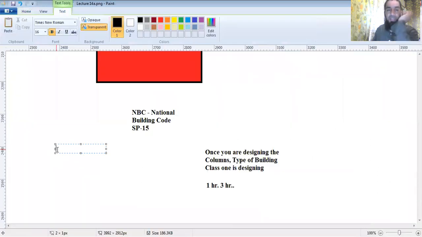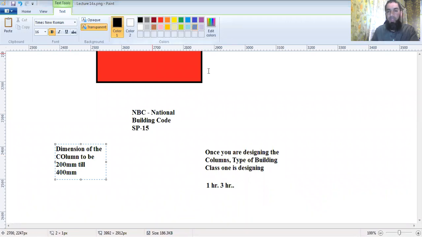So as per the fire requirements given in IS 456, and also implementing the National Building Code of India, wherein you are taking the fire rating from 1 hour till 3 hours, you require a minimum dimension of the column to be 200 mm till 400 mm for a fully exposed condition.